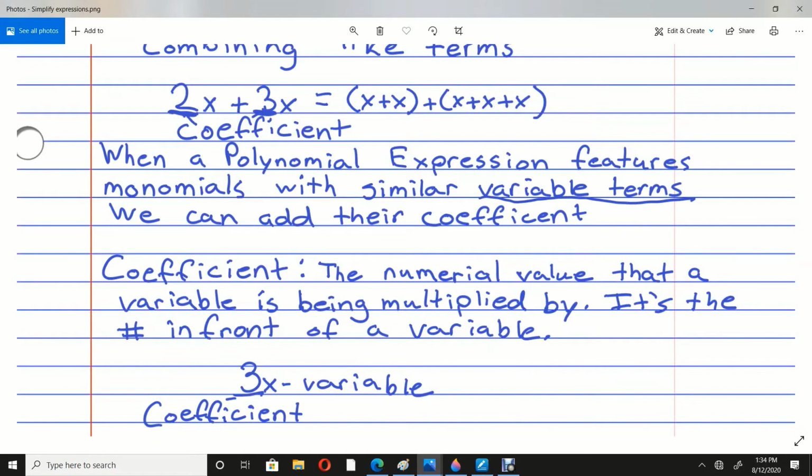So if we have 2x, that's x plus x, and 3x is x plus x plus x, okay? And we're adding all of that together. So when a polynomial expression features monomials with similar variable terms, we can add their coefficients, which is what we did here, to get us 5x. So we have 2x plus 3x, that equals 5x.